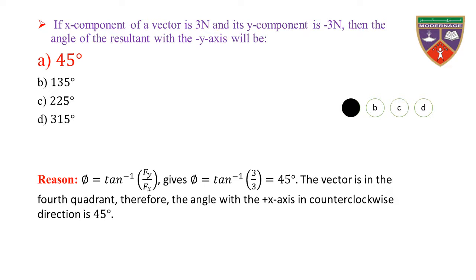Reason. The angle phi is equal to tangent inverse of y component divided by x component, which gives phi is equal to tangent inverse 3 by 3, which is equal to 45 degree. The vector is in the fourth quadrant because the y component is negative and x component is positive.